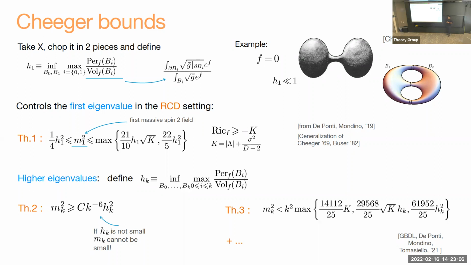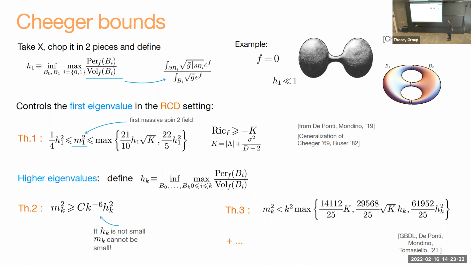You can have a manifold in which, say, the first h1, h2, h3 are small and the others high. But I'm trying to understand if this bound is becoming worse as k goes to infinity just because of the k to the -6 factor. Is there some kind of natural scaling with k of h_k that is compensating?